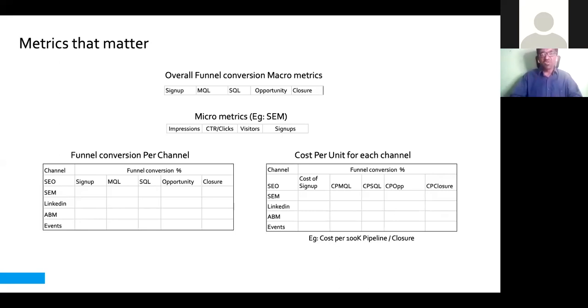But the idea is to figure out for your business what channels work best across different stages, right? For example, for us, when we started, we spent a lot of time and money on LinkedIn. It generated a lot of leads, but the lead to conversion ratio was abysmal, I would say 2 to 3%.